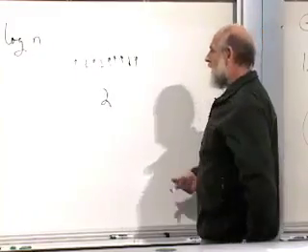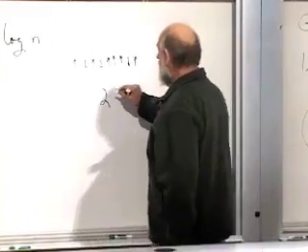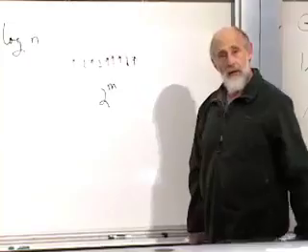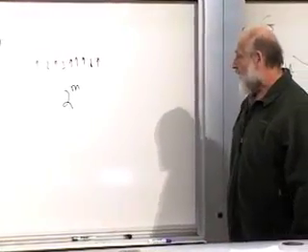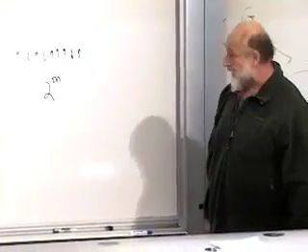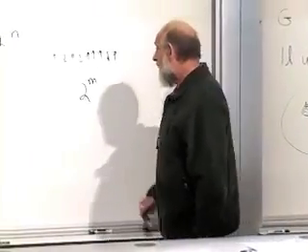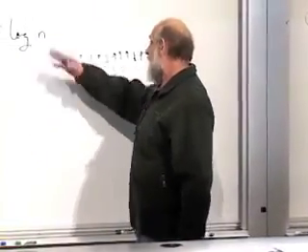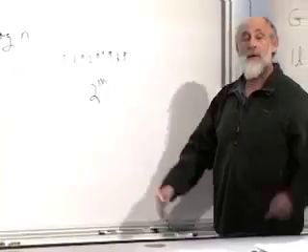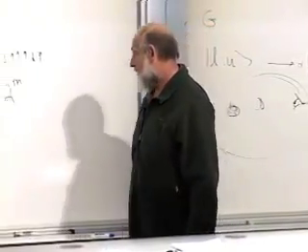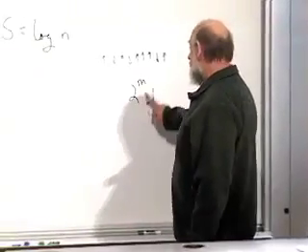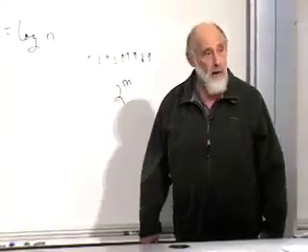Let's call them m spins. 2 to the m is the total number of states. If I knew nothing at all about the system, it would be any one of 2 to the m states. The logarithm of the number of states would just be proportional to m.